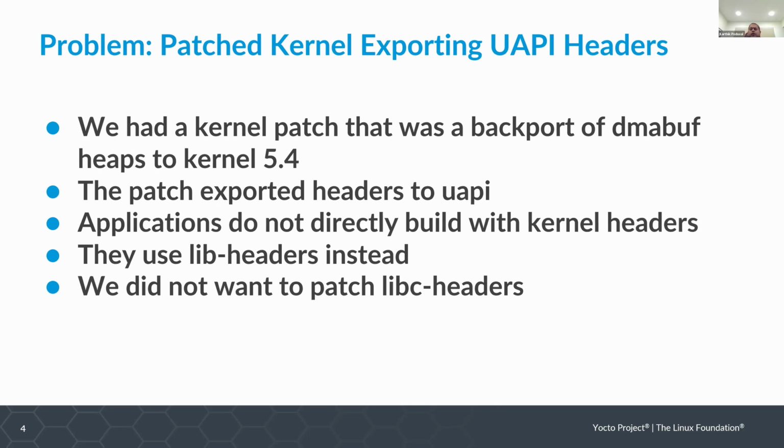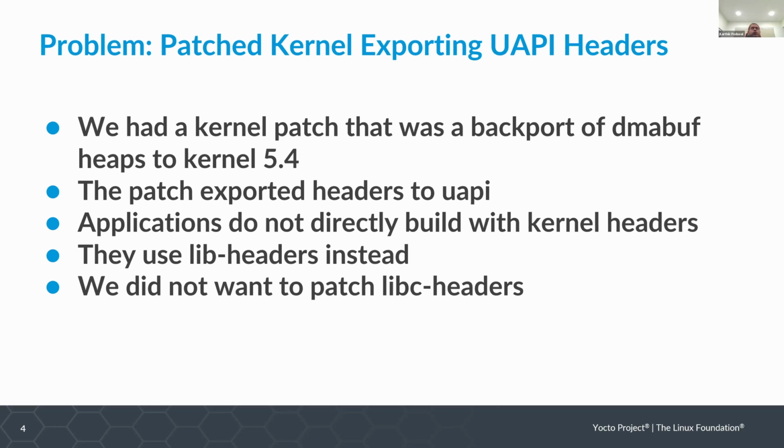What we noticed is that the application trying to use this patch feature was unable to get those headers, because applications do not directly build with kernel headers. They actually use another package called libc headers. The problem statement was we didn't want to patch the libc headers because of unknown consequences, because a lot of other things are getting built using libc headers. So we needed a solution.